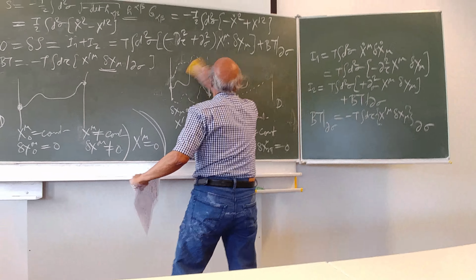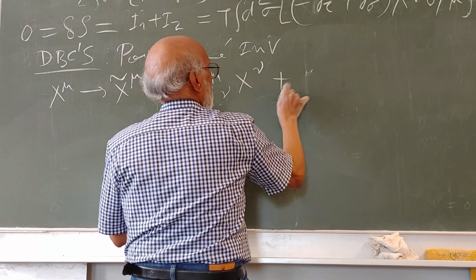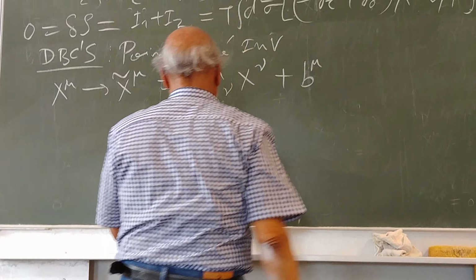So my x mu goes to x tilde mu equal to a mu nu x nu plus b mu, and this I consider at sigma equal to 0 and at sigma equal to pi.